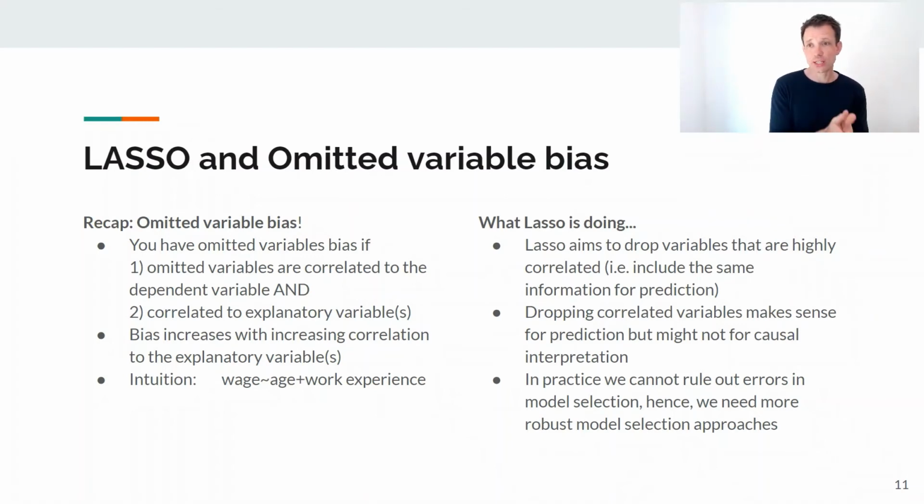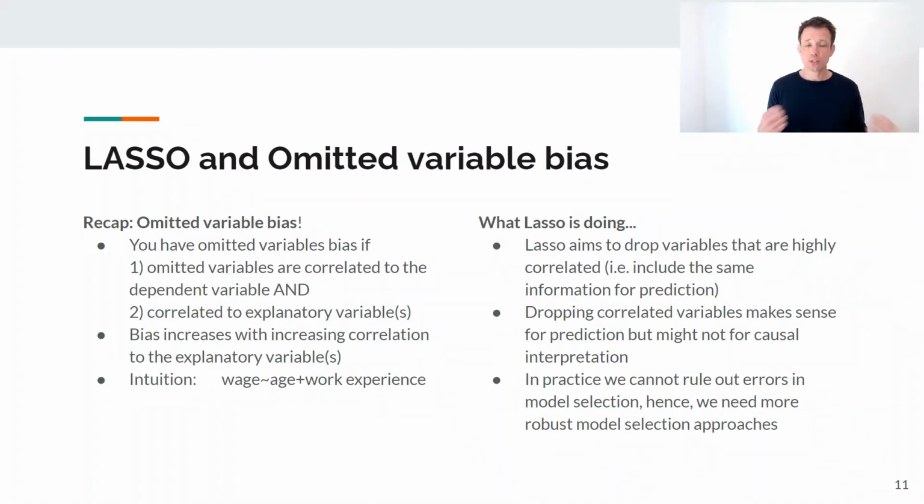Dropping age in this example makes sense for prediction purposes. From a prediction perspective, it might not add much in addition to work experience, but in terms of the causal interpretation, you would not want to drop age from the specification.